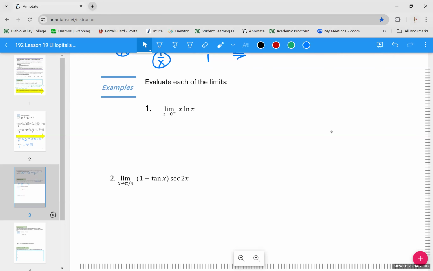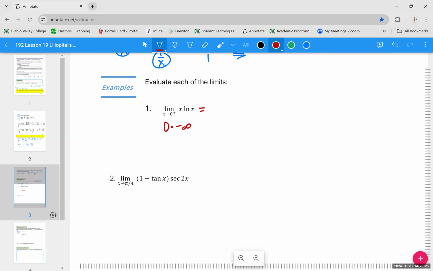The first one is the limit as x approaches 0 from the right of x, which would give me 0, times ln of x. So as we approach 0 from the right, ln x goes to negative infinity. So this is one of those situations with 0 times infinity, negative infinity counts.